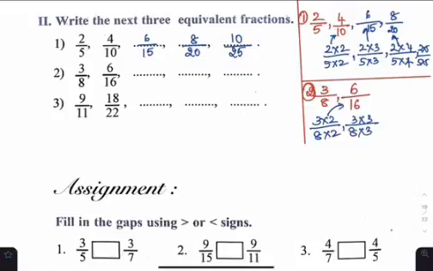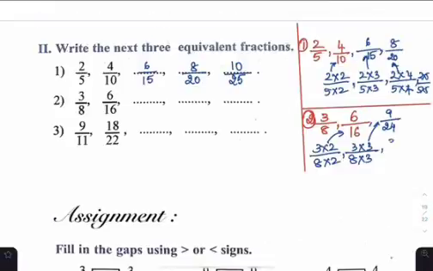So what do we get? Yes, 3 threes are 9. 8 threes are 24. Is 3 into 4 divided by 8 into 4. So here we have 9 divided by 24.